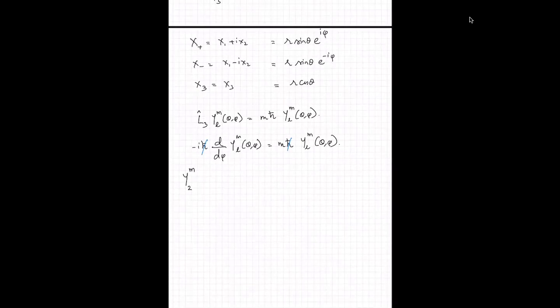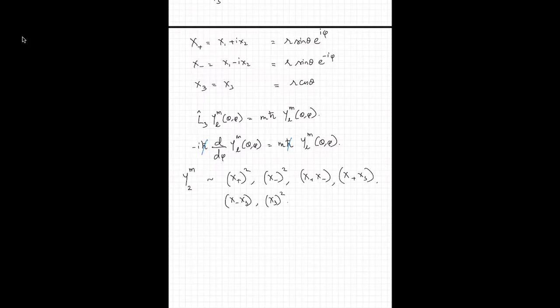Then this is a polynomial of order 2 in the coordinates, which means this Y_2m can contain terms like x plus square, x minus square, x plus x minus, x plus x3, x minus x3 and x3 square. Right? So this is a polynomial of order 2 in the coordinates.